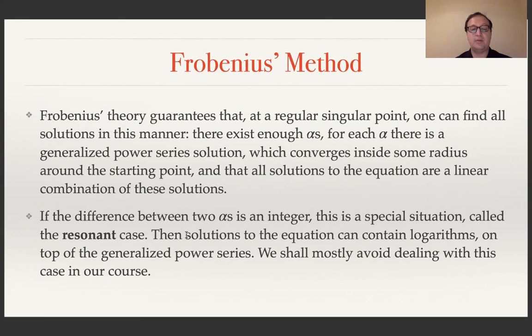So it will be some logarithm times a generalized power series. And we will try to avoid this case in our course. It's just an extra complication in the computation, but let us deal with a case without logarithms.